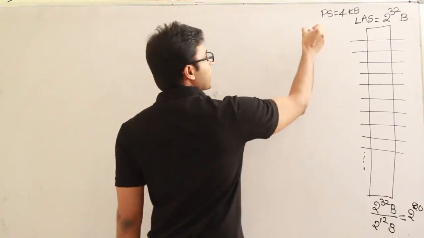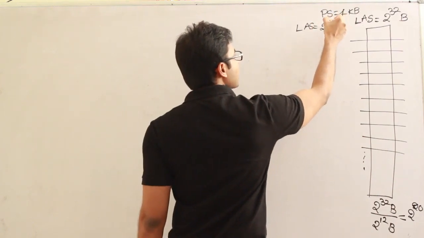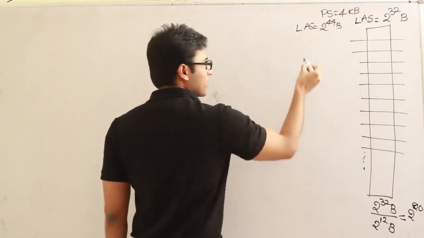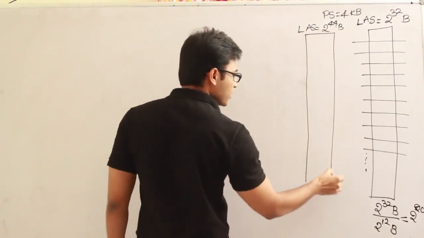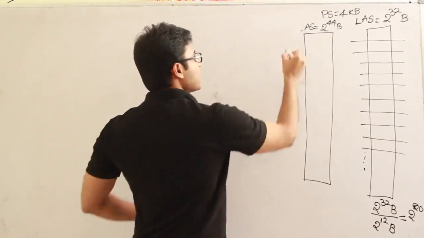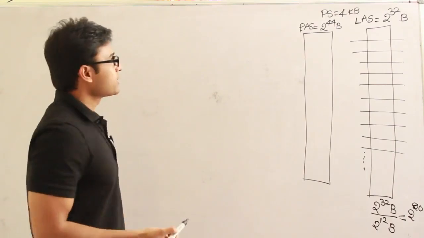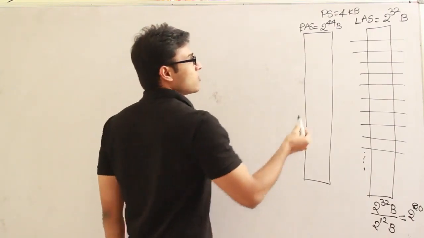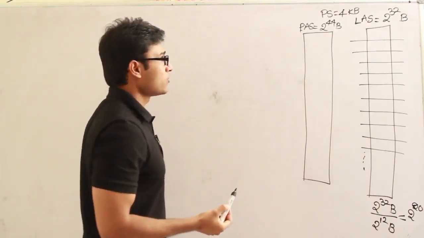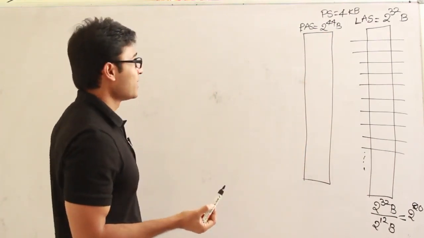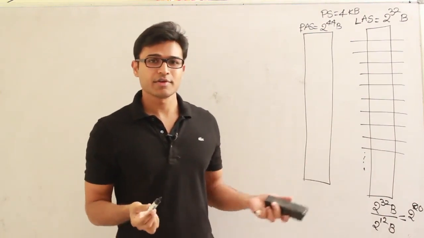Now assume that the physical address space is 2 power 44 bytes, right? Then what does it mean? It means that the entire main memory, it is not the logical address space, it is the physical address space, is 2 power 44 bytes, which is 16 terabyte. 16 terabyte is not a practical number, but for this question these numbers make sense.